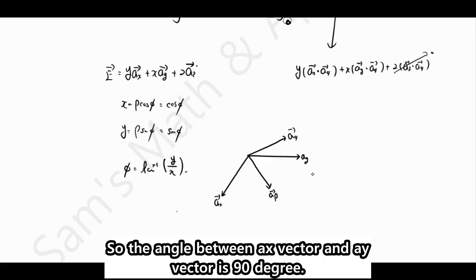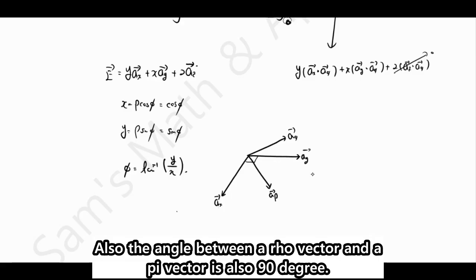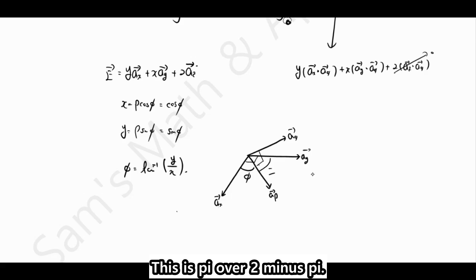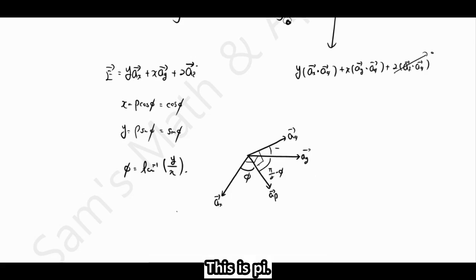So the angle between a_x vector and a_y vector is 90 degrees. Also, the angle between a_rho vector and a_phi vector is also 90 degrees. This is phi, this is phi over 2 minus phi. So a_x dot a_phi is cosine phi.